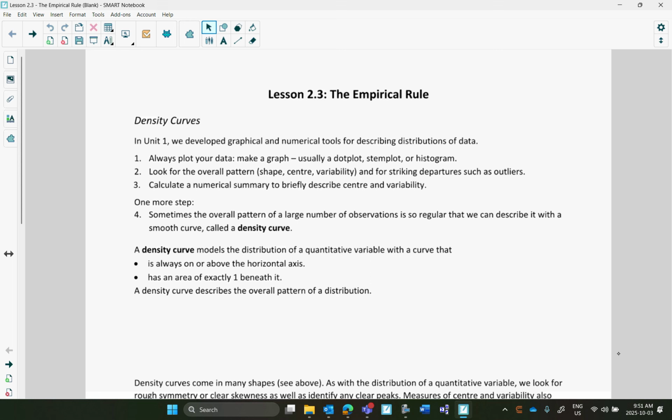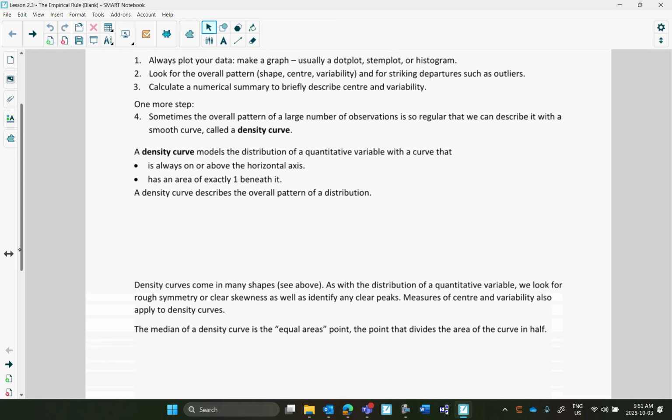In addition, sometimes the pattern of the observations, the data values, is so regular that we can describe it using a smooth curve. And we've actually done that. You've seen 3 of them. One that's roughly symmetrical, one that's skewed to the right, one that's skewed to the left. Well, those things are called density curves.